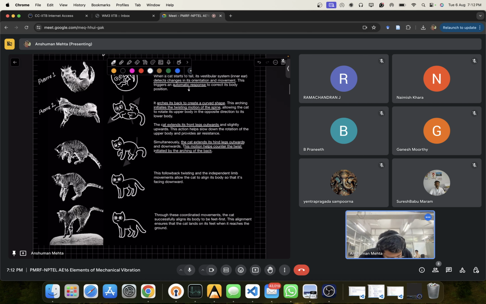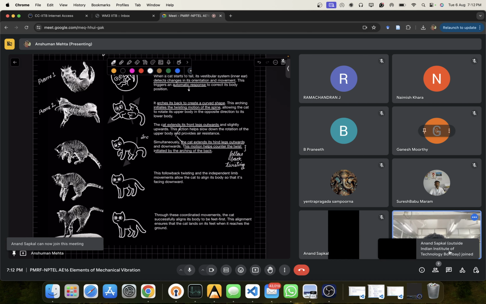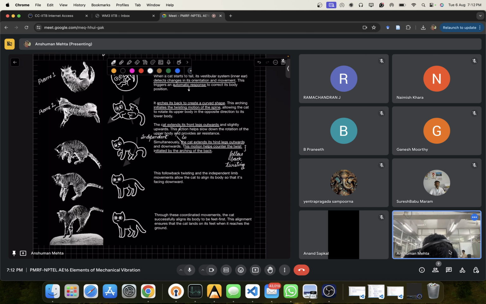First is the back twisting, and these two are the independent limb movements.